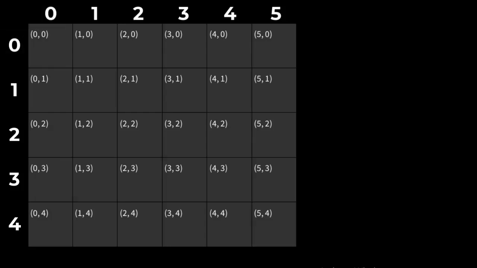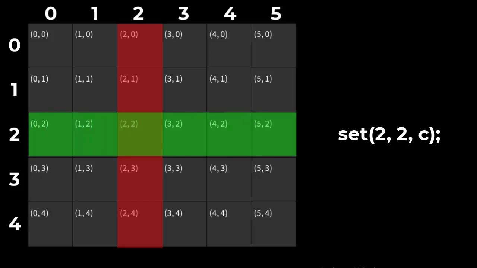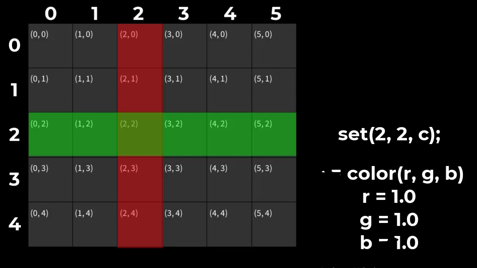Now in p5.js there is a handy function called get that allows us to access and modify the color of a specific pixel. The function requires three inputs: x, y, and c. X represents the horizontal position, indicating which column the pixel is in. Y represents the vertical position, specifying which row the pixel is in.